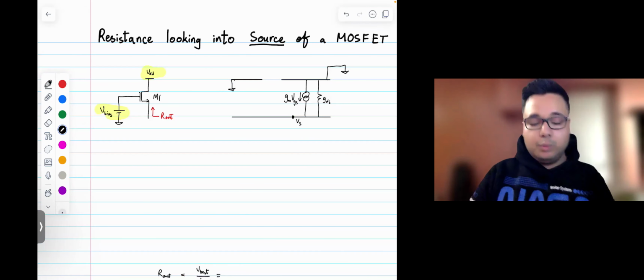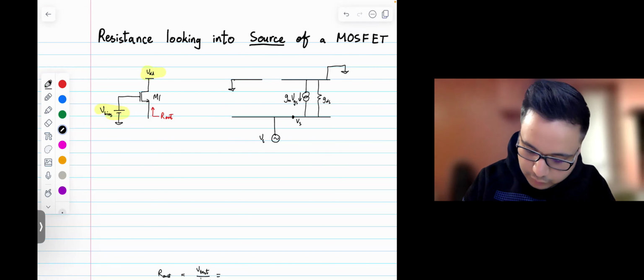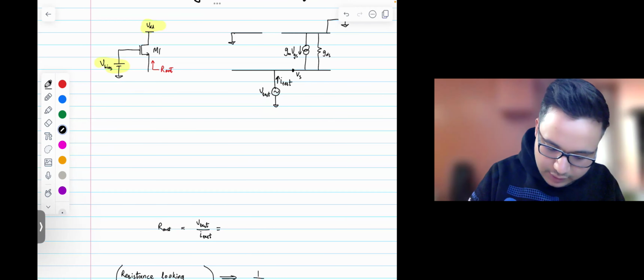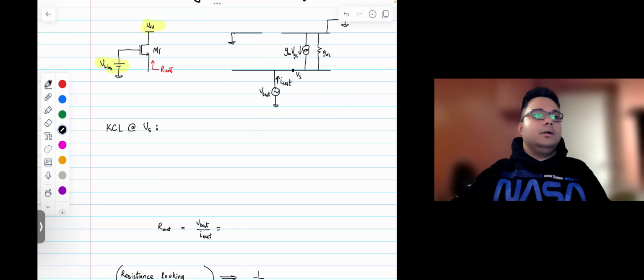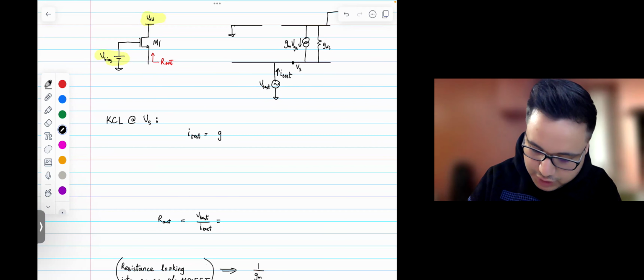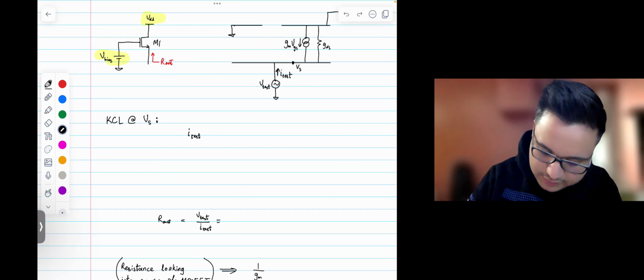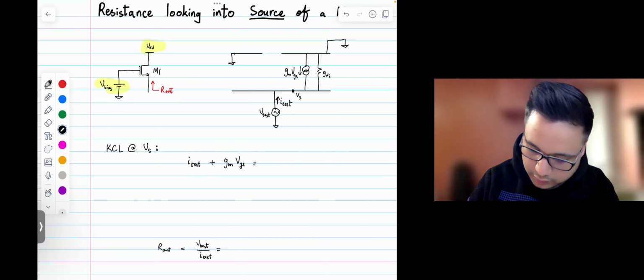And the source is what we are trying to look into. So at the source, we can introduce the small signal voltage source, Vtest, and we look at the current Itest, okay? So let's write down some equations, KCL at node Vs. So we can write Itest plus gm vgs is equal to Vtest gds.